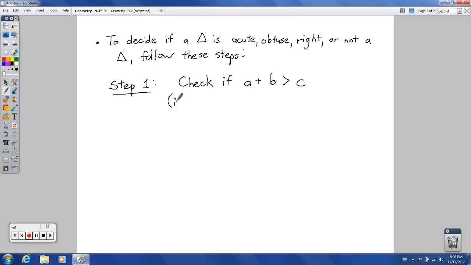In other words, i.e., if the 2 smallest sides add up to more than the 3rd side.